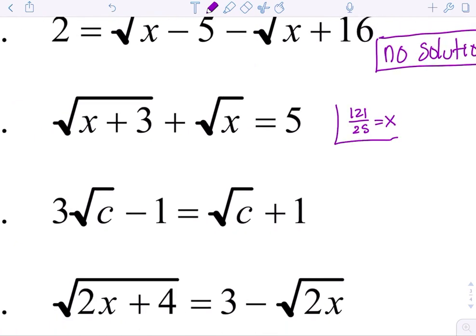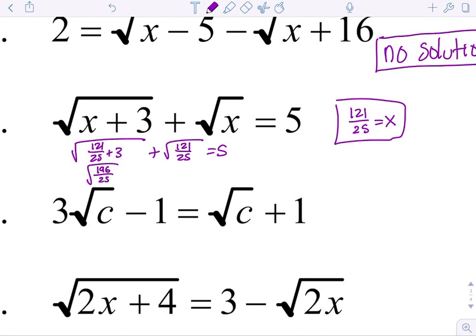Just so that you can see, if we did want to check this one, we would have square root of 121 over 25 plus 3 plus square root of 121 over 25 is equal to 5. Okay, 3 times 25 is 75, so 75 plus 121 would be 196 all over 25, square root.